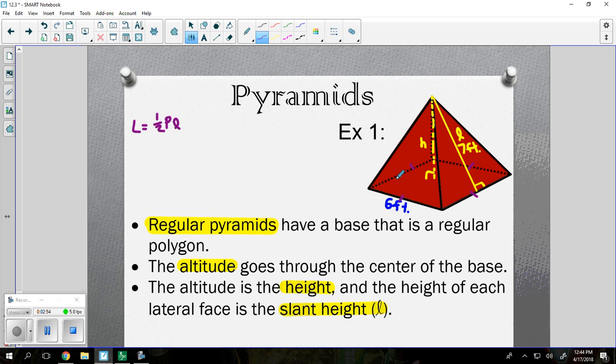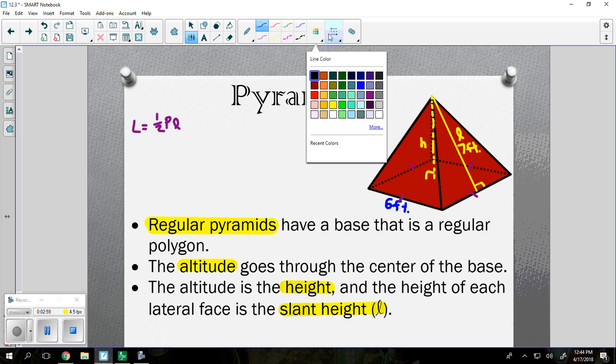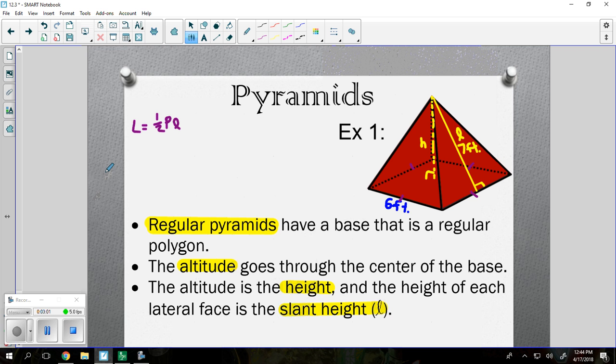So if there are 4 sides at a measure of 6 each, we could get the perimeter by just multiplying 4 times 6. So our lateral area will be a half, perimeter 4 times 6 would be 24, times the slant height, which we've already identified was our 7 feet. And at that point, we're ready to type it in. So key in that expression, and you should get exactly 84. And again, it's area, so feet squared would be appropriate.